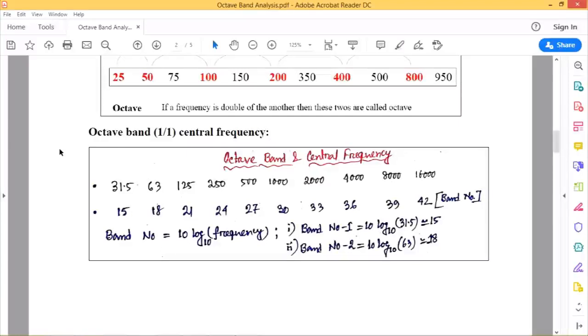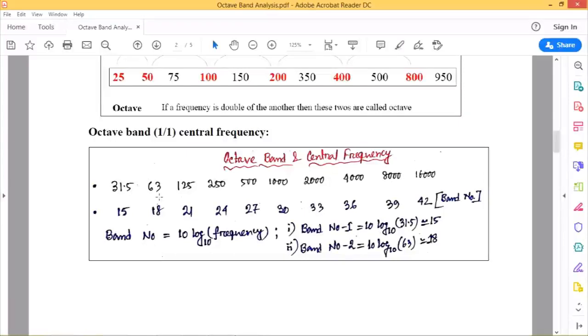That's why there are some standard or reference frequencies already given by the Indian Standard, and we need to use these standard frequencies to analyze any kind of noise. So basically there are 10 standard or reference frequencies given to analyze any kind of noise having a frequency range between 20 Hz and 20,000 Hz.